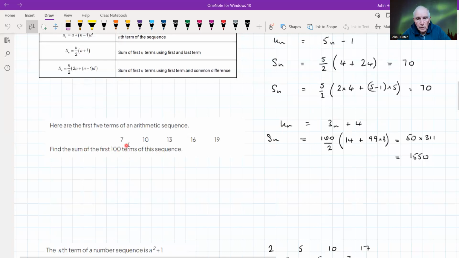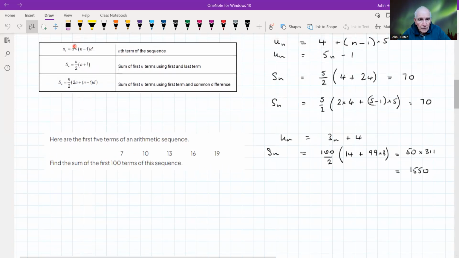So, right, we're going through our little process. We can either use this first little formula here, or we can use the initial method. We know that it's going to be 3n, and then we can work out from there. It's 3n plus 4. Okay, find the first 100 terms.